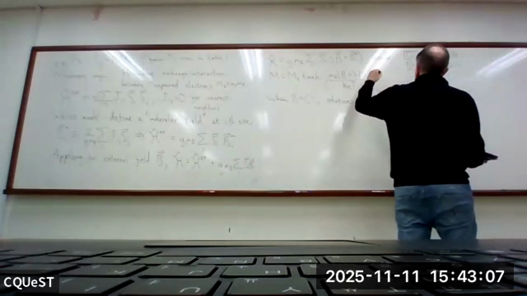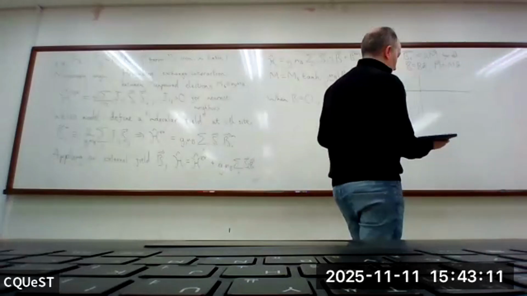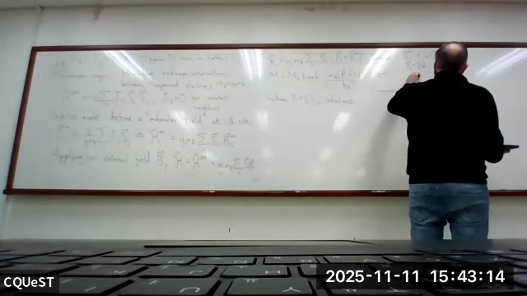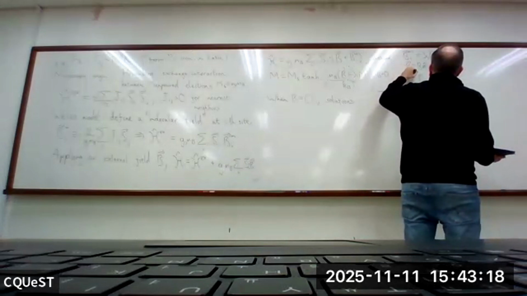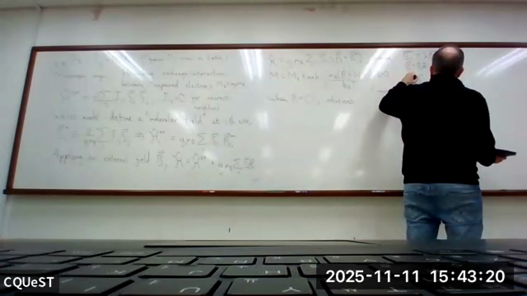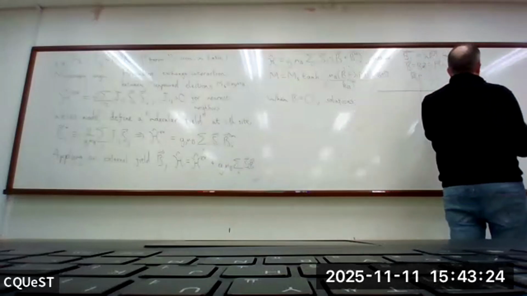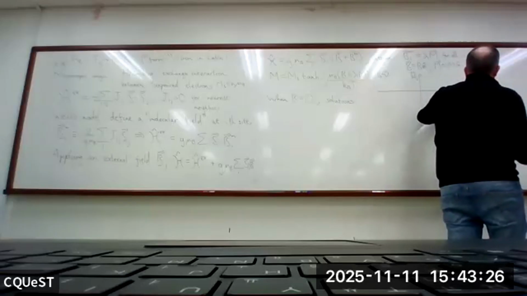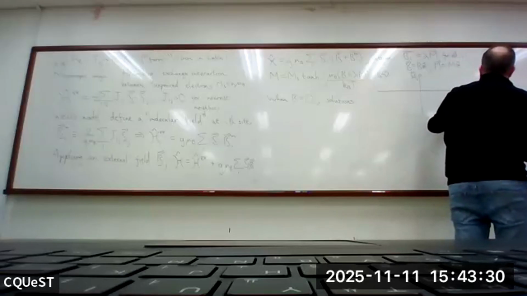So now the situation for B equals 0 looks like this. If we plot M over MS up here, and now on the x-axis we have mu B lambda M over kBT.